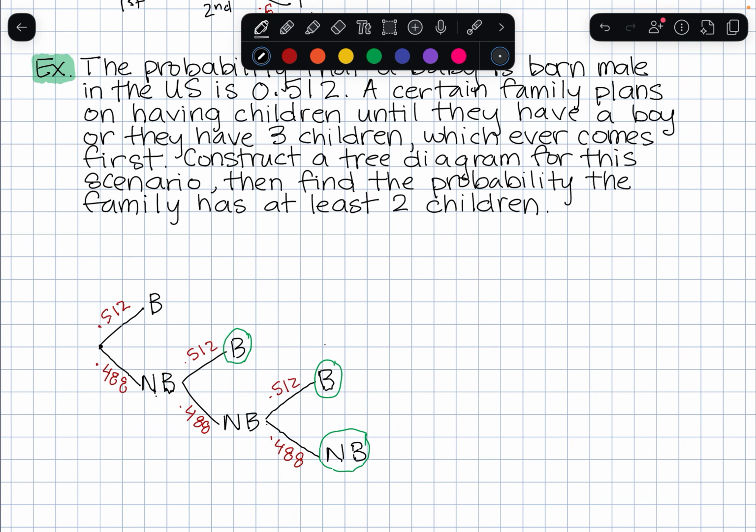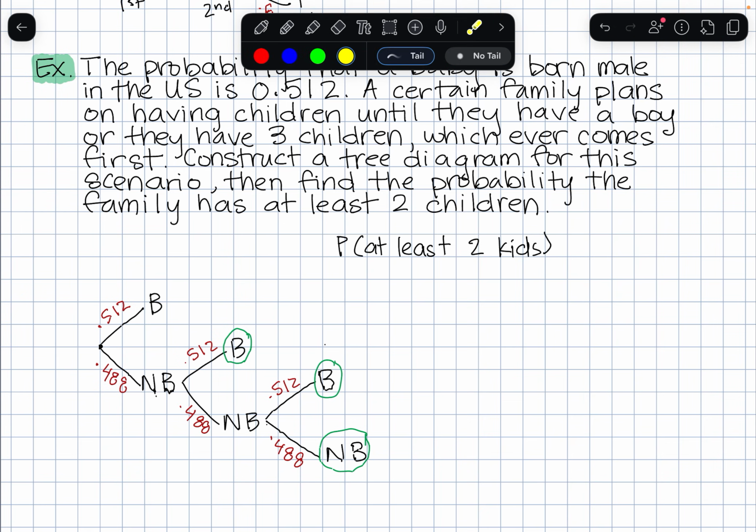So to do that, P at least 2 kids. I know it's those 3 branches, and to get the probability for each of those circled outcomes, I just multiply down the tree.